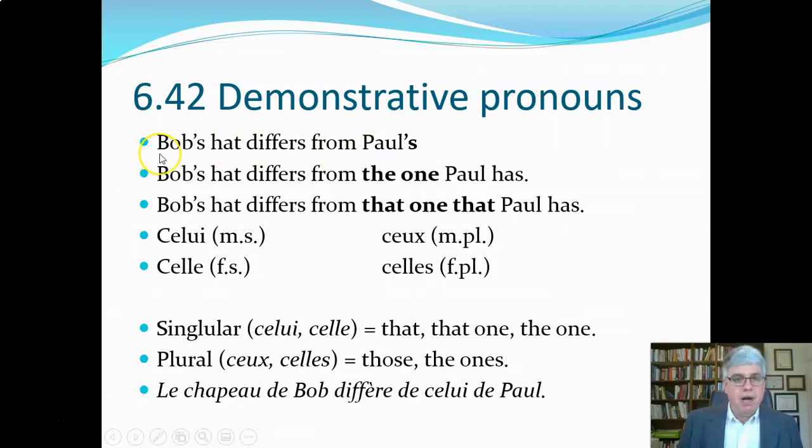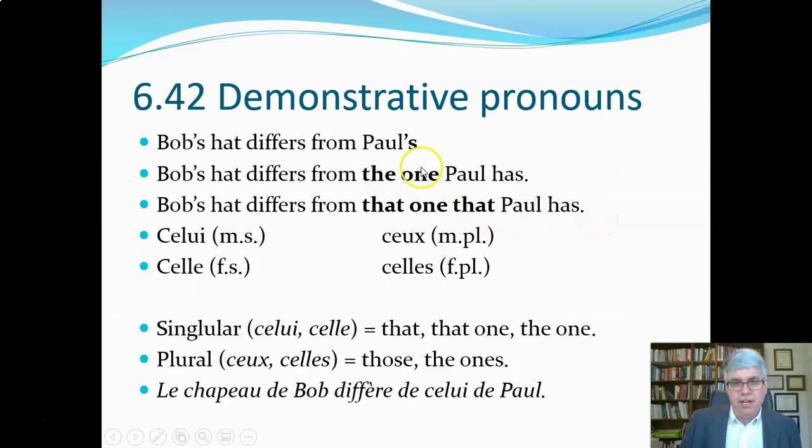So if I say Bob's hat differs from Paul's, you know what I'm talking about. I'm saying that Bob's hat is different from Paul's. They don't have the same type of hat. Now, but that from Paul's, what I really mean is Bob's hat differs from the one Paul has. Or, even more specifically, Bob's hat differs from that one that Paul has.